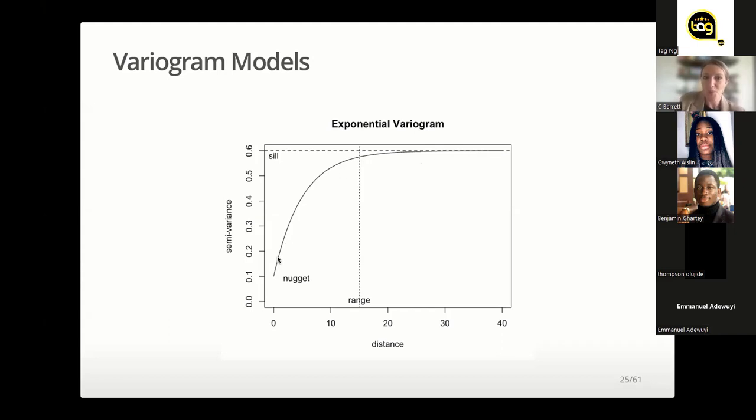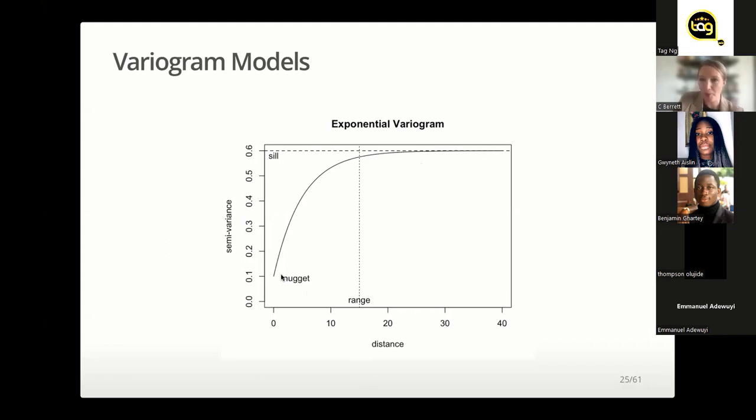And here with this exponential variogram, we're saying that the semivariance decays exponentially as distance increases. So for this example, the range is about 15, the sill is about 0.6, and the nugget is about 0.1.